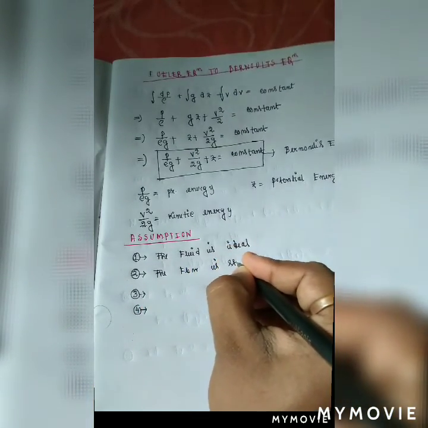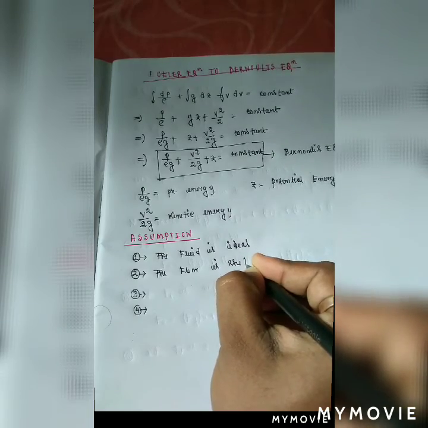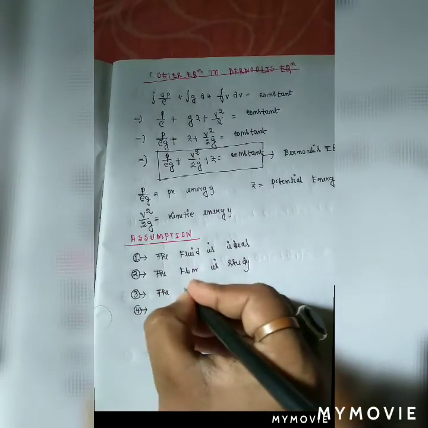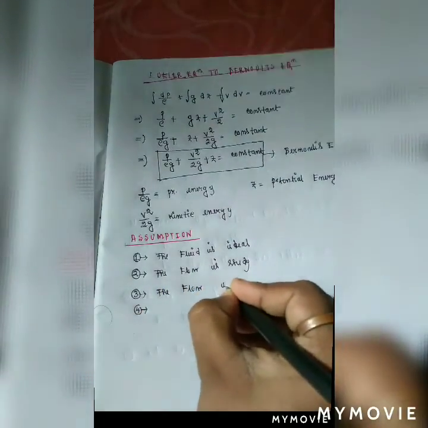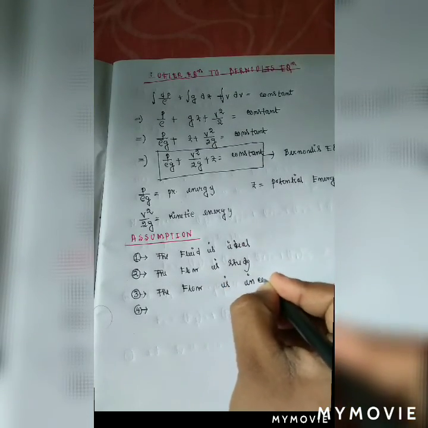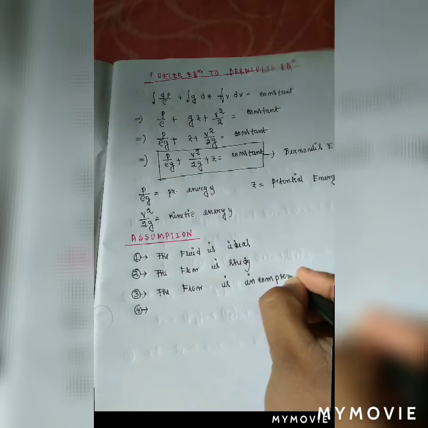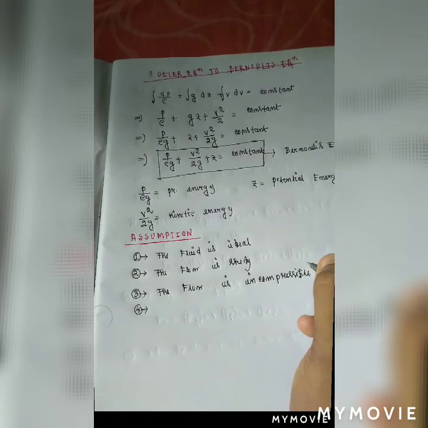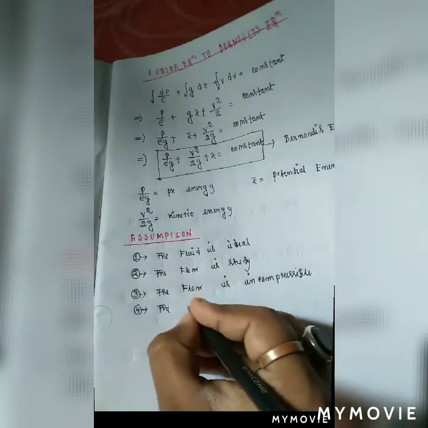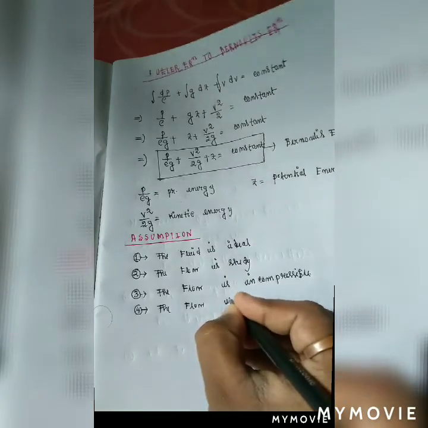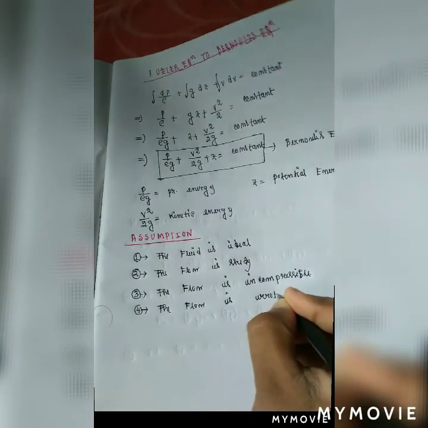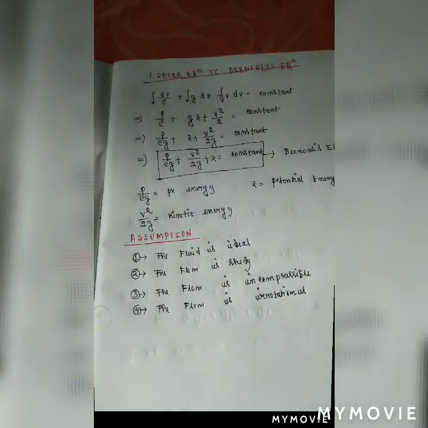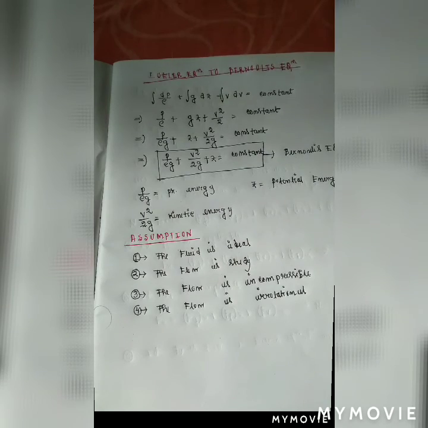Number three, the flow is incompressible. Number four, the flow is irrotational. These are the assumptions of Bernoulli's equation.